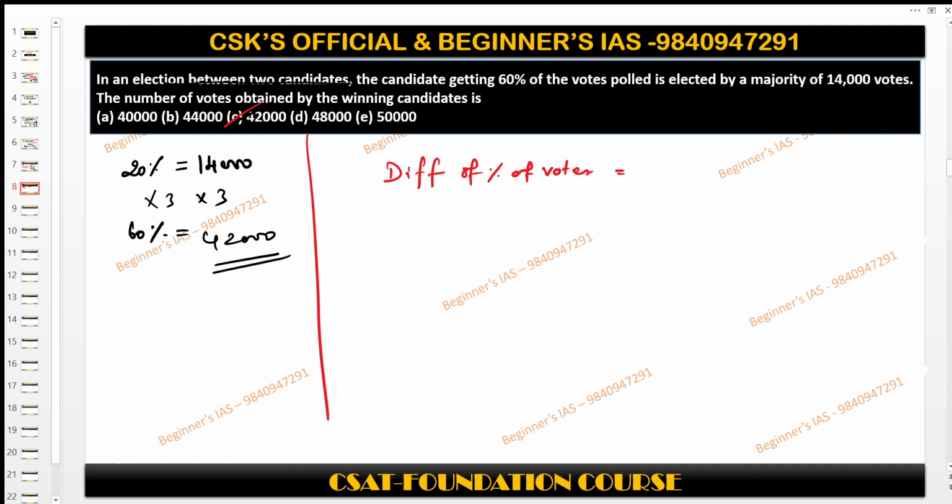Always remember the total number of votes polled is nothing but 100%. When he is getting 60%, the other person is getting 40%. The difference between this candidate and this candidate is 1400 votes. You can say this is 20% of the votes. Understood?